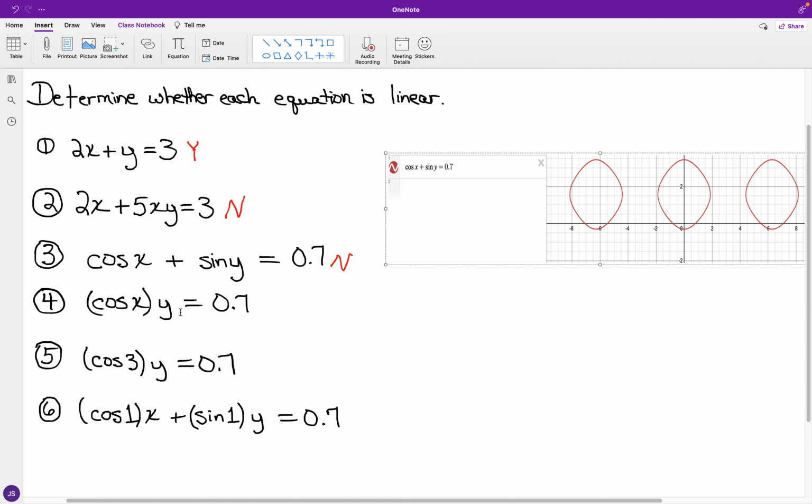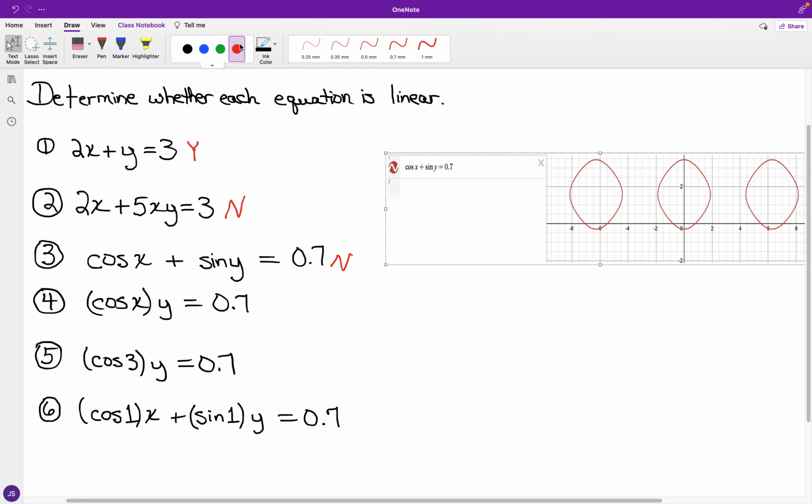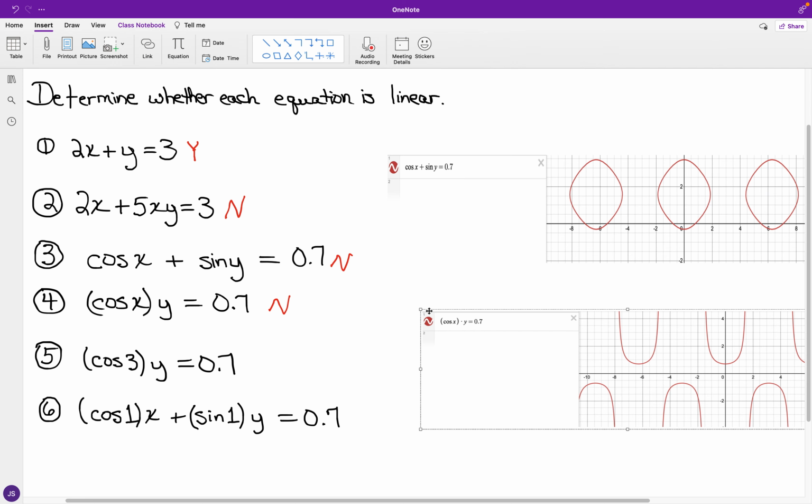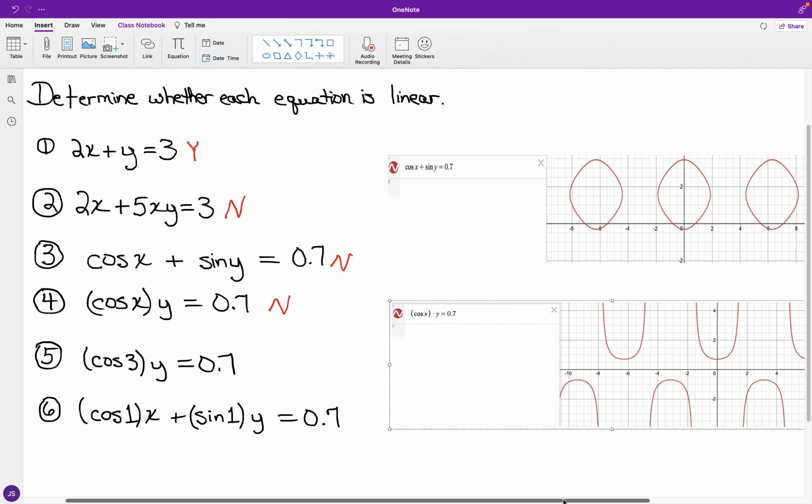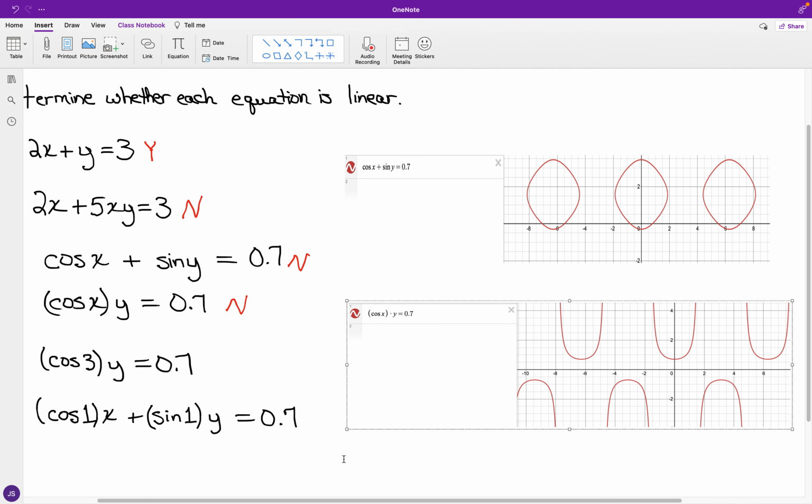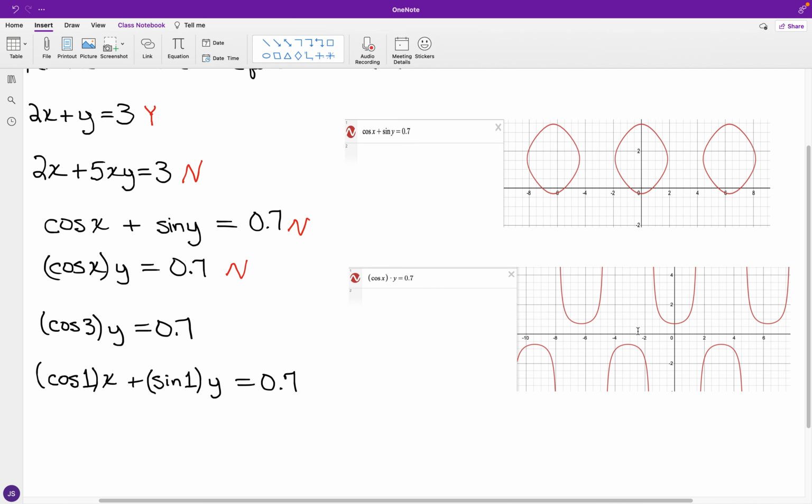So we have a nonlinear times y equal to 0.7, and the result here is going to be no. For the cosine of x times y is equal to 0.7, you're going to have an infinite assortment of these particular graphs, and so we have anything but a straight line.